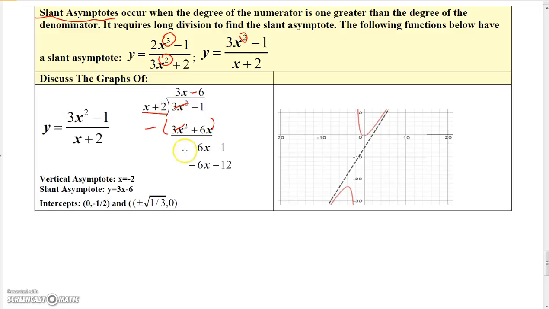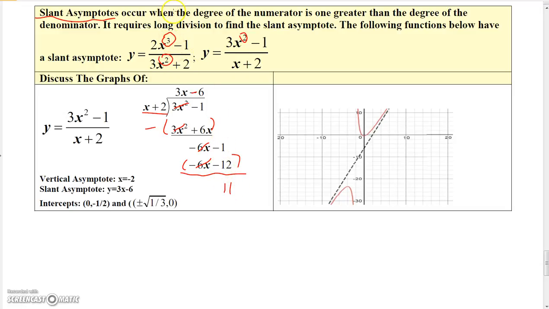Minus 6 times 2 is minus 12. Well, then you have to subtract. If you subtract now, the minus 6x and the plus 6x will cancel, because remember, you're subtracting. And then you'll have minus 1 plus 12, which is 11. Well, you can't divide x into 11, so all you're going to have left is the remainder 11.